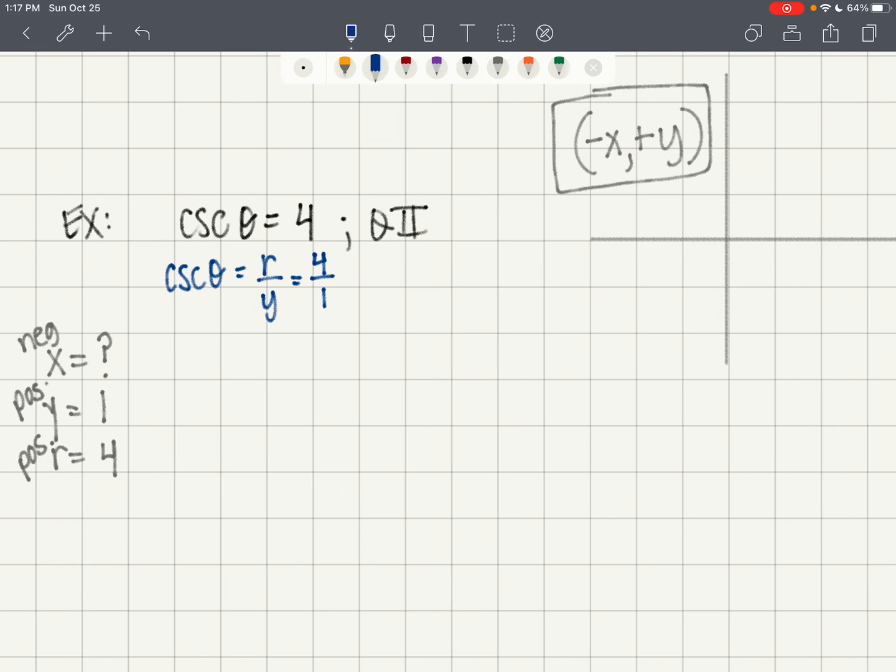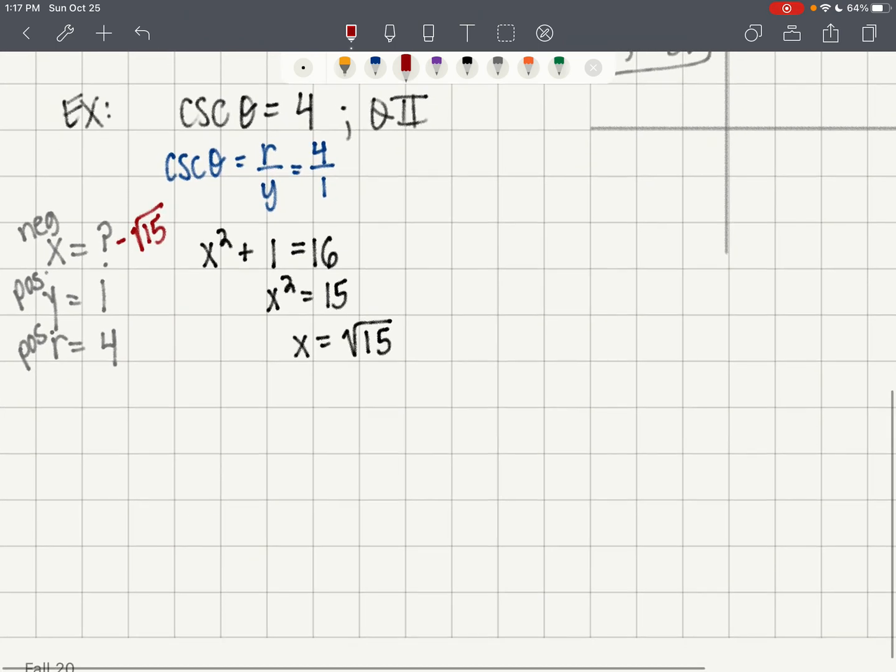X is unknown, y is 1, r is 4. We can find x by saying x squared plus y squared equals r squared. X squared equals 15. X equals the square root of 15. And it's going to be negative. So we will have a negative square root of 15.